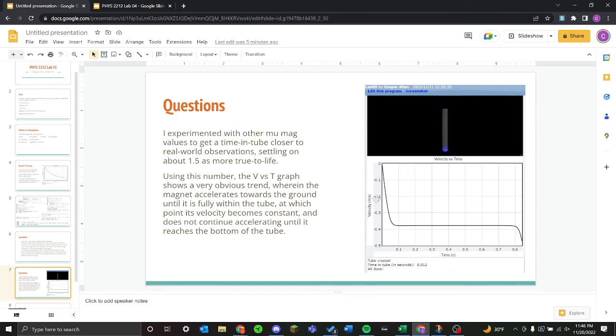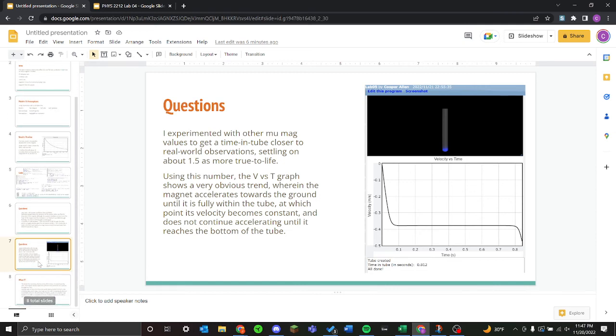That is why you see these little tails on the end of an otherwise flat velocity graph, indicating that the force from gravity is about the same as the force from the tube, canceling out to zero acceleration and thus no change in velocity.